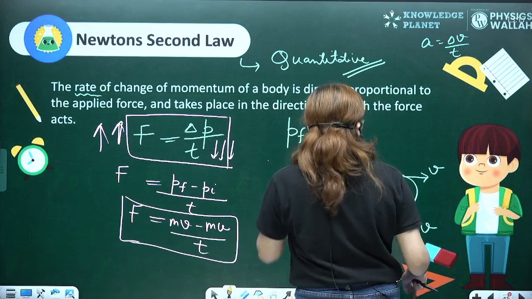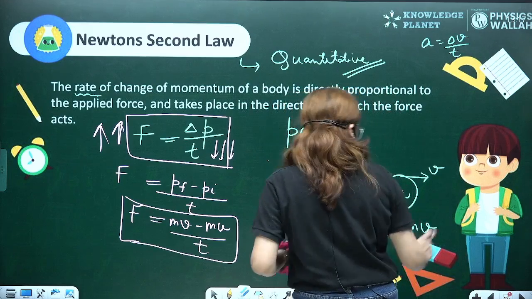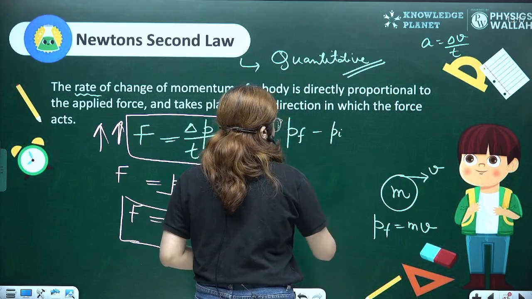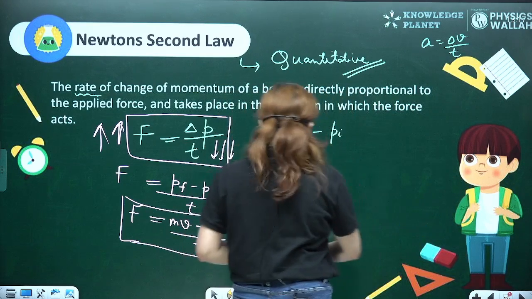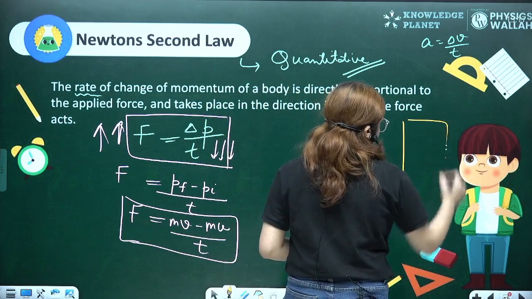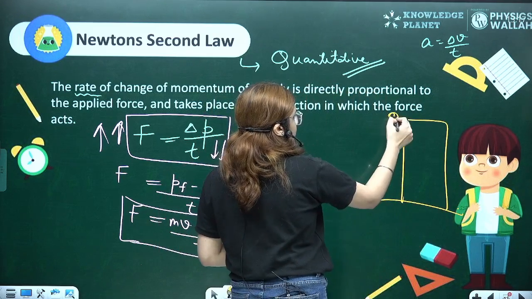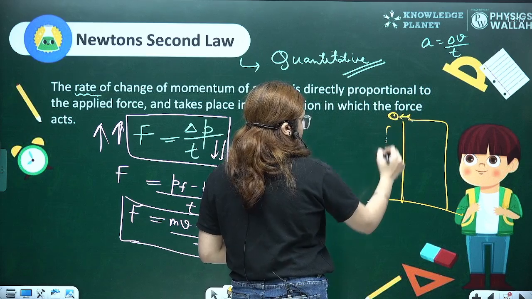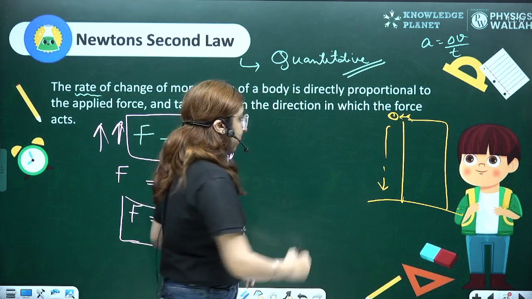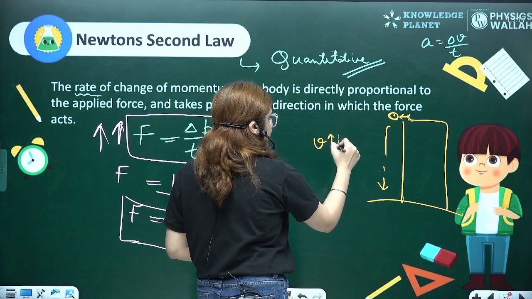Okay, now have a look over here. I'm erasing this whole thing, because you have seen this there only. When a person is on a building and is jumping, as he goes down, what will happen? His velocity will increase.